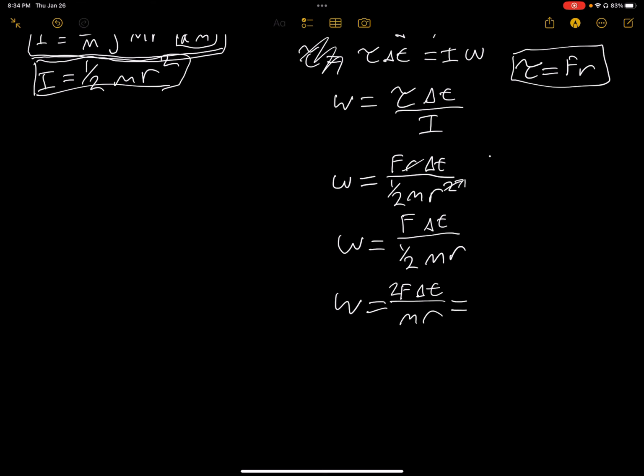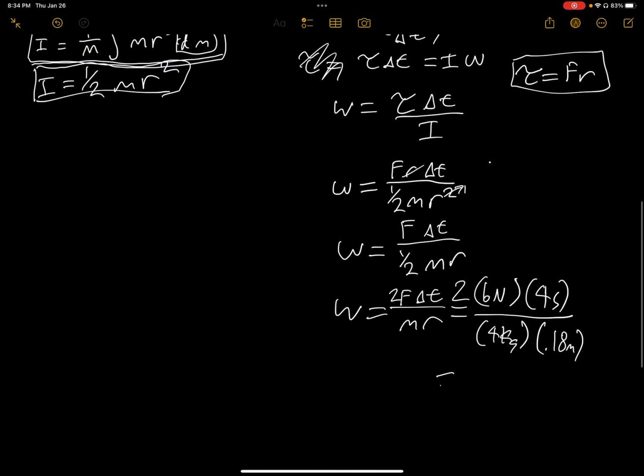And so now we just have to plug things in. And what we get is 6 newtons times 4 seconds, times 2, over 4 kilograms times 0.18 meters. And what we end up getting is omega equals 67 radians per second.